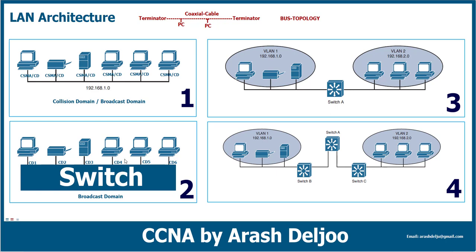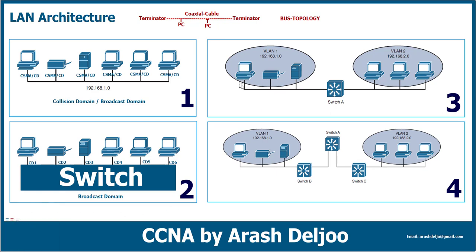But you know that with the definition of VLAN, as you have learned in this class, we can reduce the size of the broadcast domain and increase the number of broadcast domains. For example, here you can see this switch has several interfaces. Let me show you.